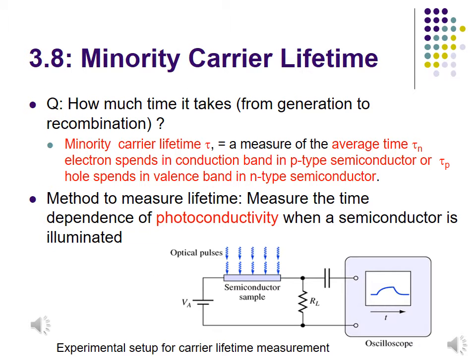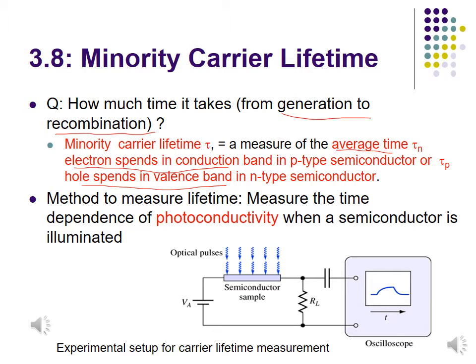Carrier lifetime is defined as the average time that an electron spends in the conduction band before it recombines to the valence band. Or we can say that it is the average time taken from the generation process to the recombination process. In order to study the carrier lifetime, it is easier to observe the optically generated carriers, which means we can measure the increase of current through a sample in the presence of light.